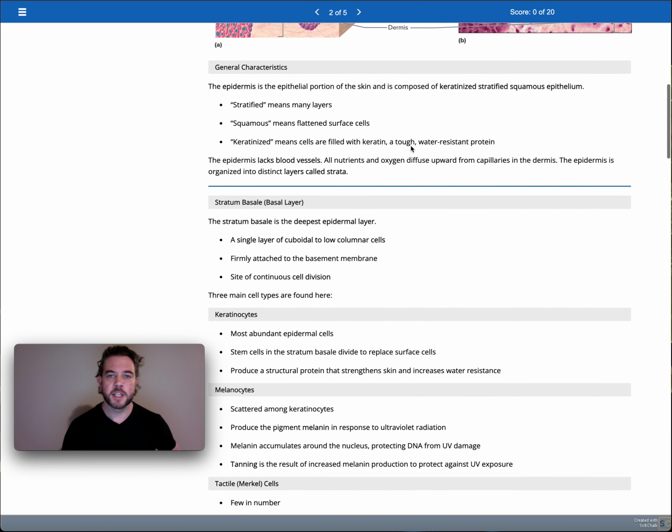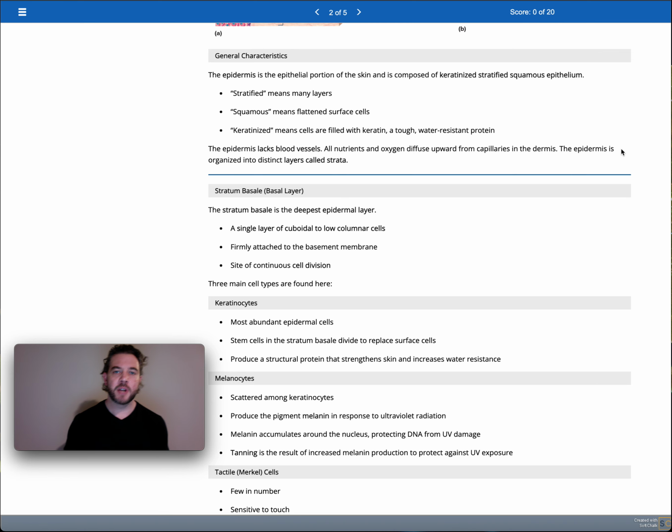So, general characteristics of your epidermis. When we talk about your epidermis, the main tissue of the epidermis is epithelial tissue. Again, an organ can have multiple types of tissues, and the integument, your skin being the organ of the integument, has multiple types. One layer, the epidermis, is mostly just epithelial tissue, which are cells.